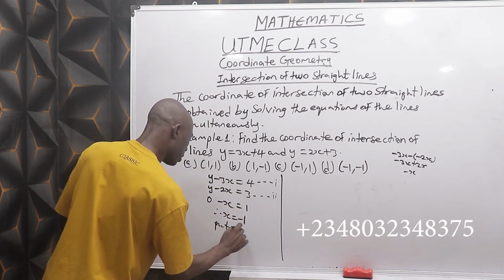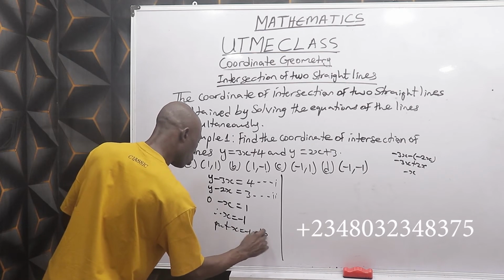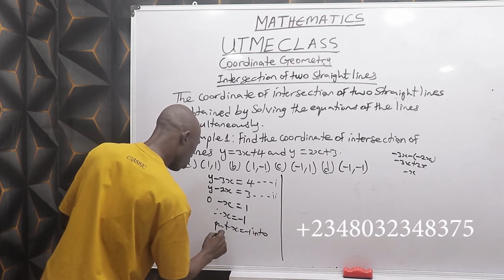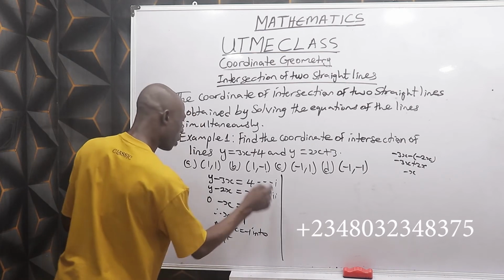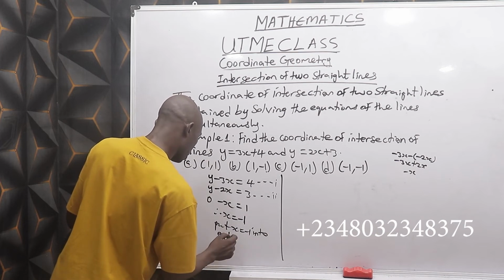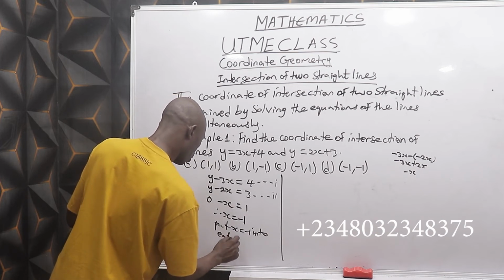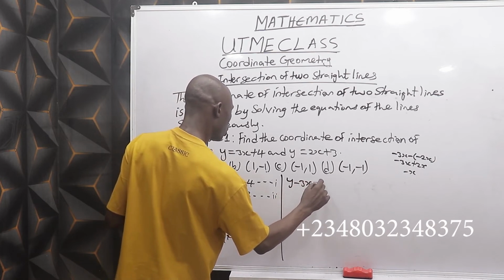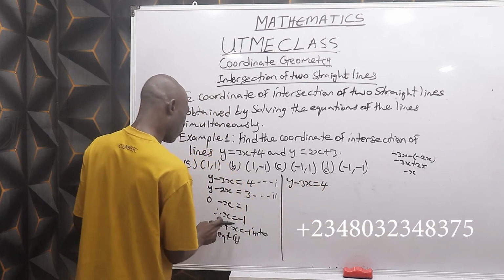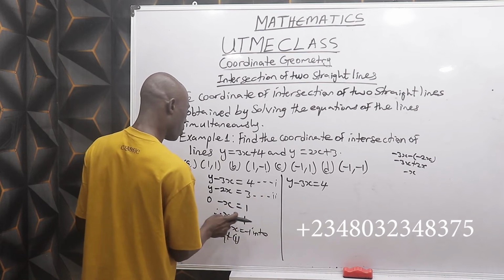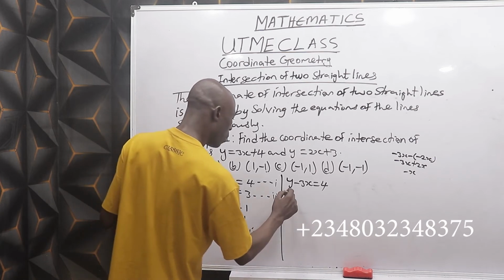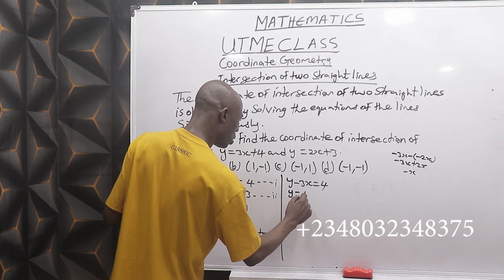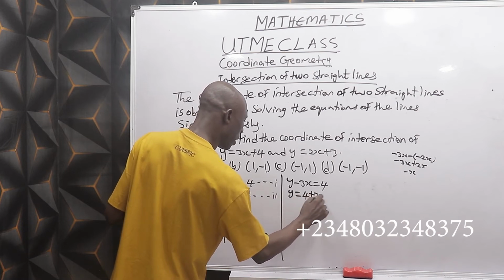Put x equals minus 1 into equation either 1 or 2. Anyone. Let me take equation 1. So bring the equation 1 out. Here, wherever you see x, put negative 1 there. So we have y equals 4 plus 3x.